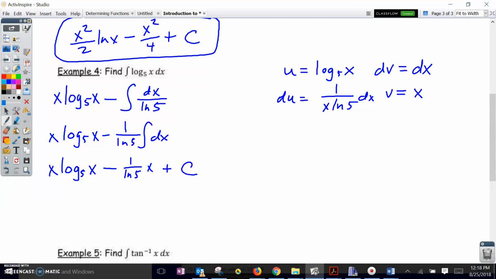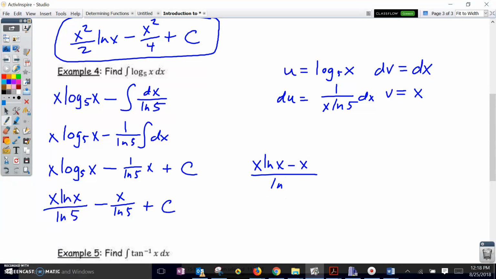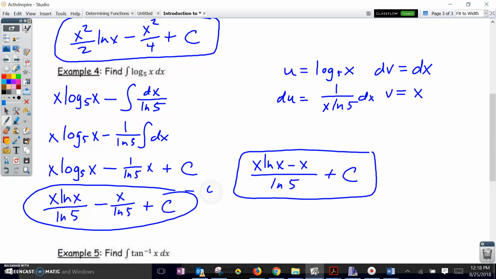I can rewrite the base 5 logarithm of x as natural log of x over the natural log of 5. And I can combine this into a single fraction over that one denominator if I so choose. Really, I'm okay with either or here. All right, there's example 4.